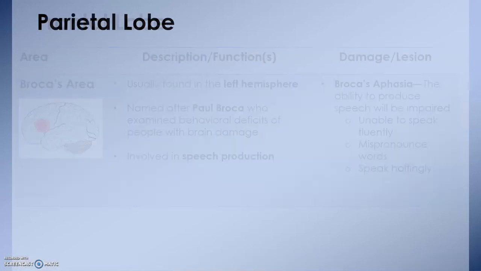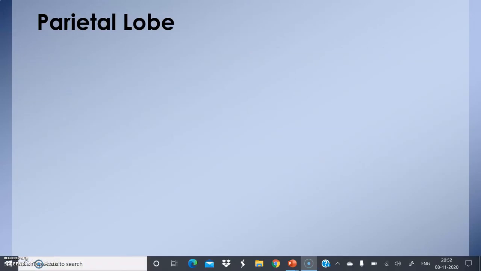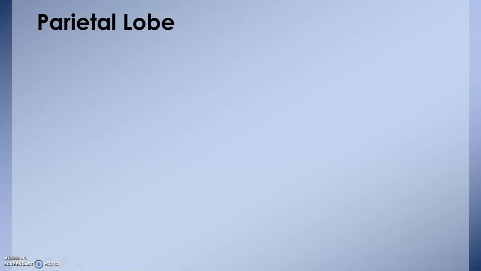Now, let's move on to the parietal lobe. It is located at the rear of the frontal lobe. The parietal lobe has two important regions that you should know about. But before coming to that, let's have a quick overview of what the parietal lobe is involved in.